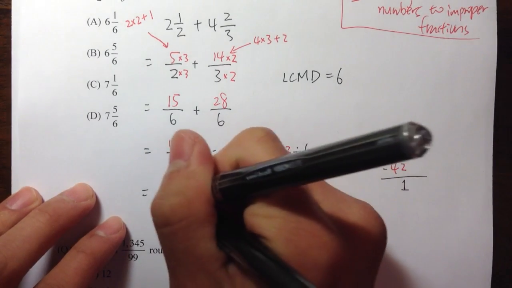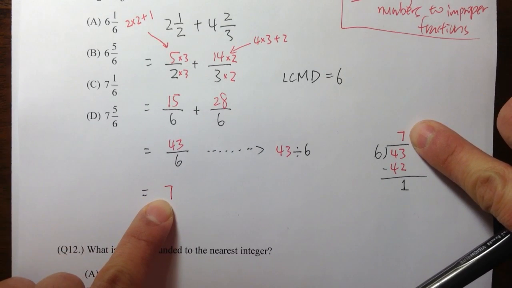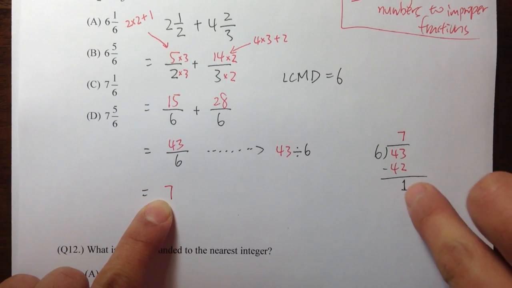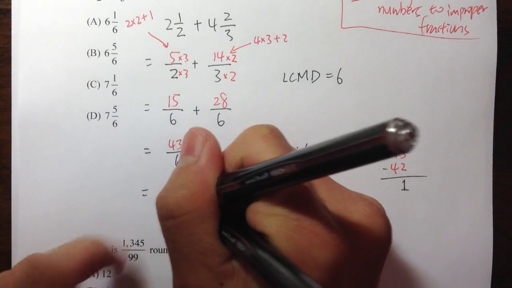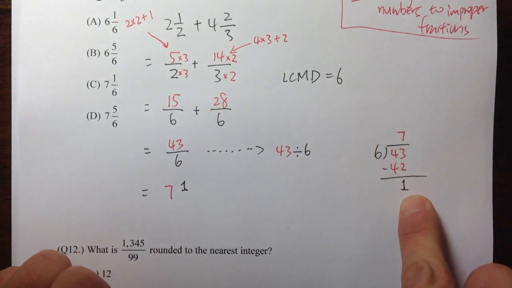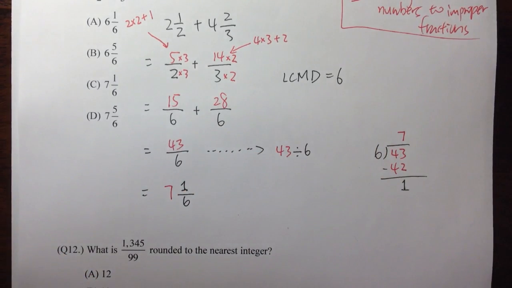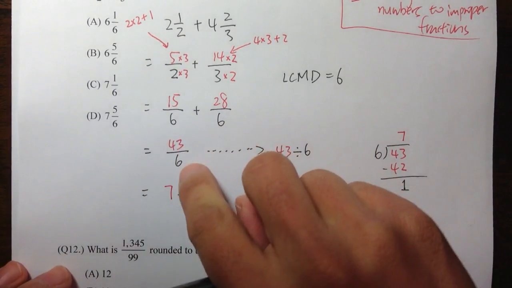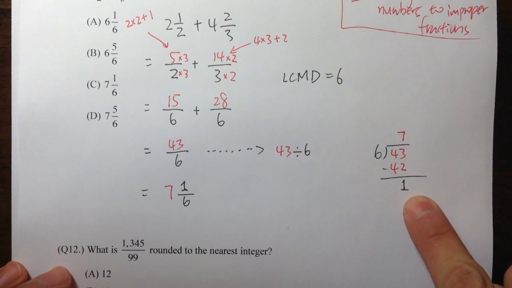So let me write that down. The 7 on the top is the whole number part. And 1 is the remainder, so let me put that as 1. We have the remainder 1 over 6. With 43 over 6, we did the division and we got 7 with a remainder of 1.